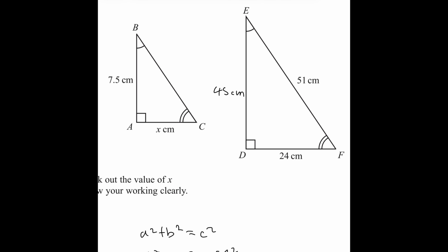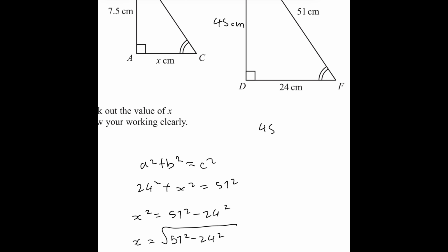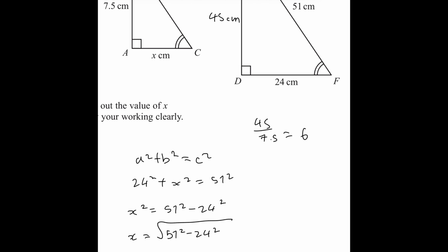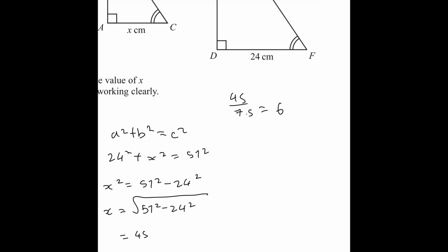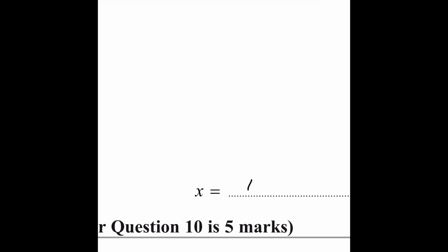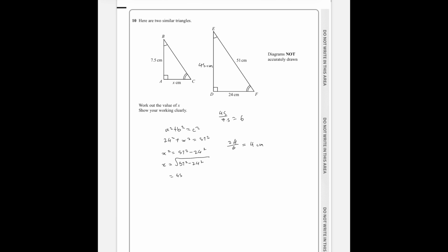The bigger triangle has 45 on this side and the smaller triangle has 7.5, so we do 45 divided by 7.5, which equals 6. That's the scale factor, because the bigger triangle is 6 times bigger than the smaller triangle. So the side DF is 6 times bigger than the side AC. So 24 divided by 6 is what AC is, and that's 4 centimeters. Remember, units are important. They might penalize you for not putting units.